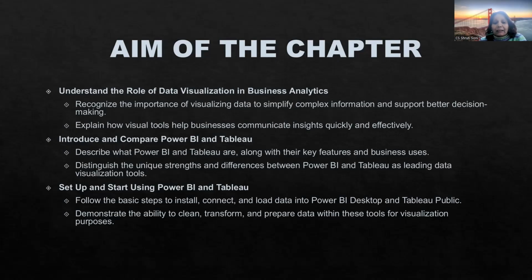We'll also understand how to install them, connect, and load data. We'll understand the basic concepts mainly, and how to clean, transform, and prepare data so that we are able to get the visualization process done.